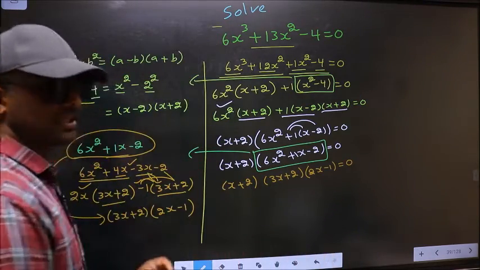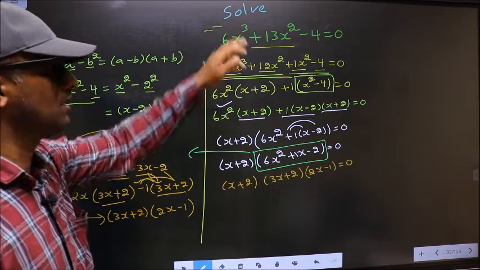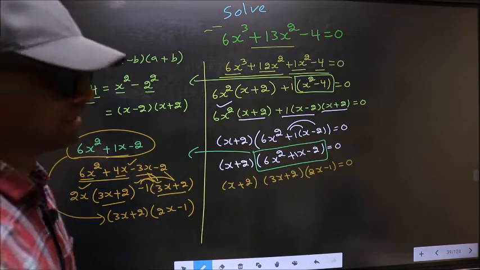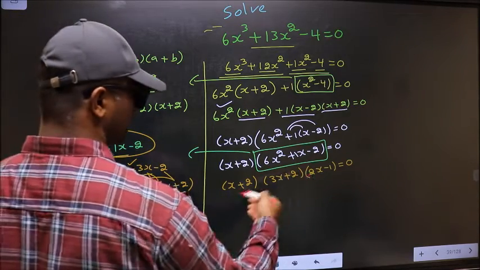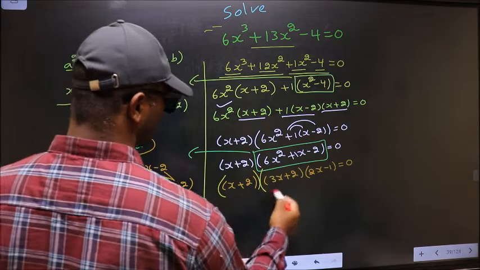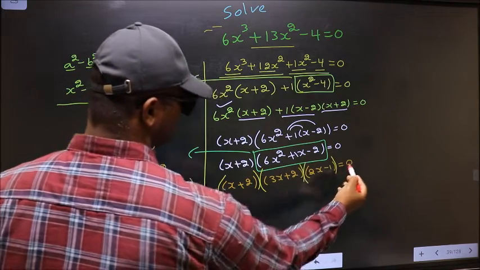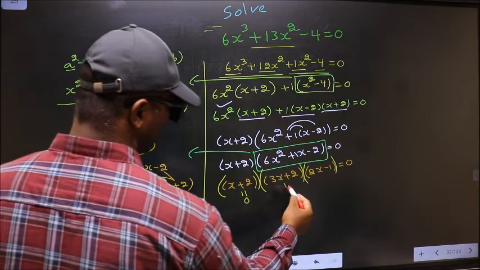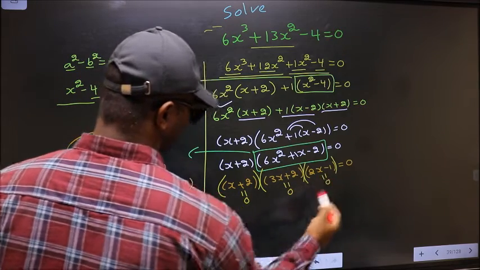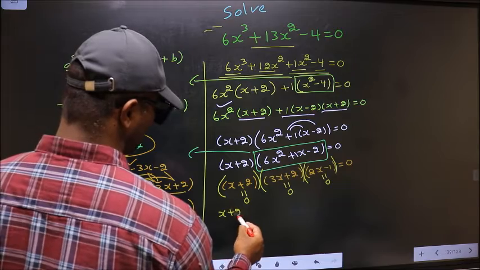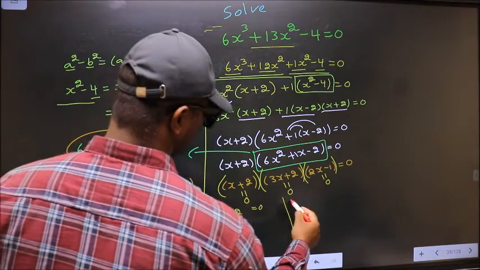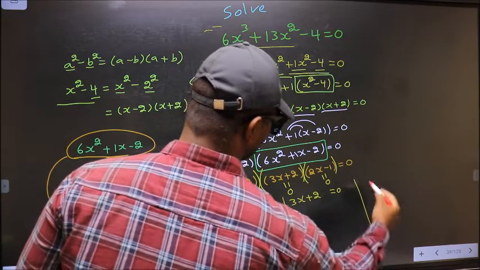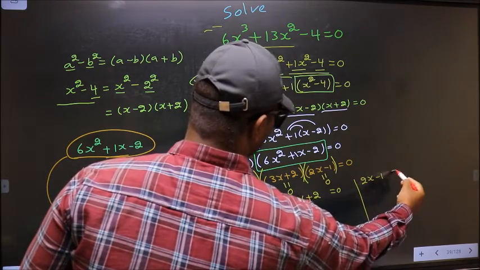Here they told us to solve, which means we should get the values of x, and over here we got product of brackets equal to 0. So to get x values we should equate each bracket to 0, that is x plus 2 equal to 0, 3x plus 2 equal to 0, 2x minus 1 equal to 0.